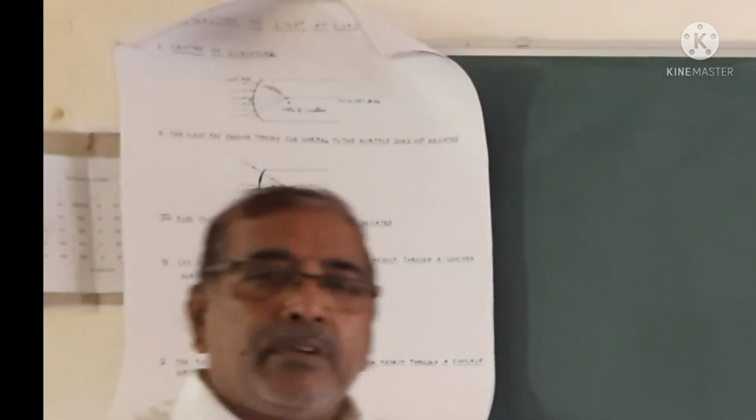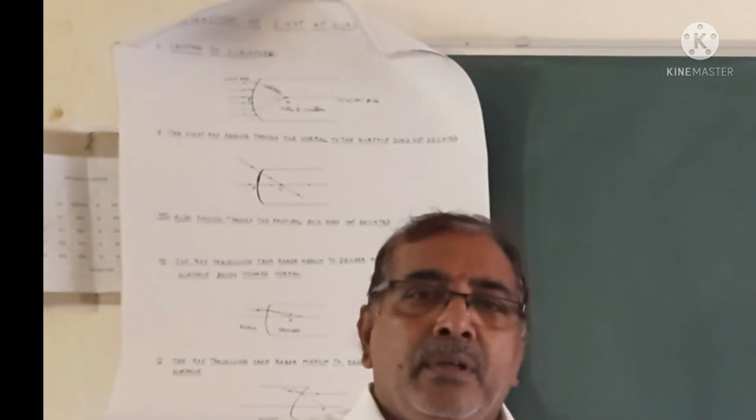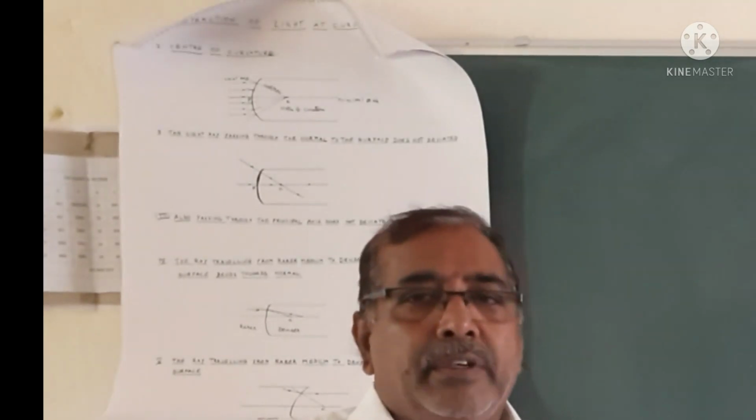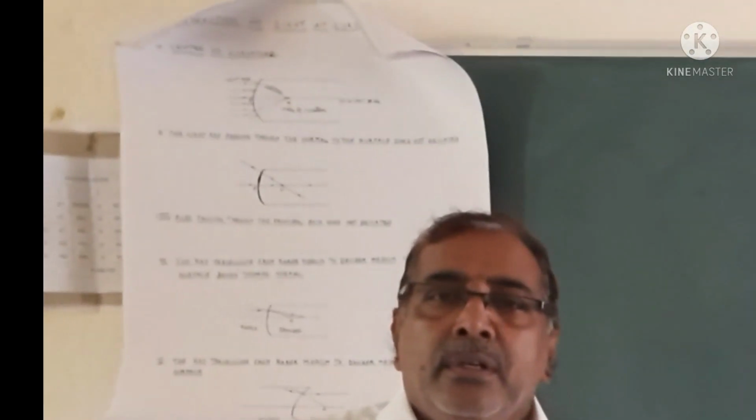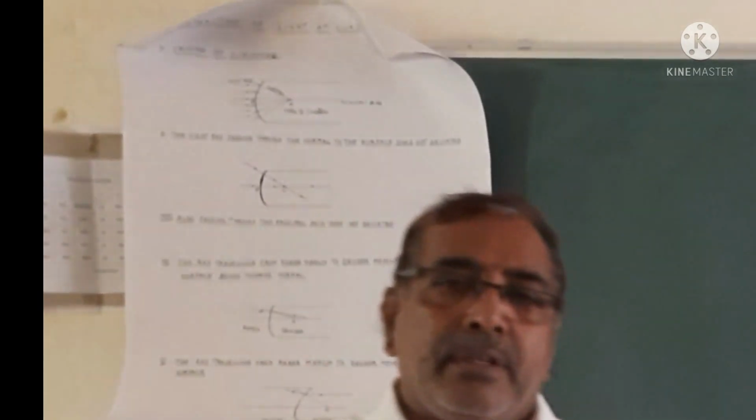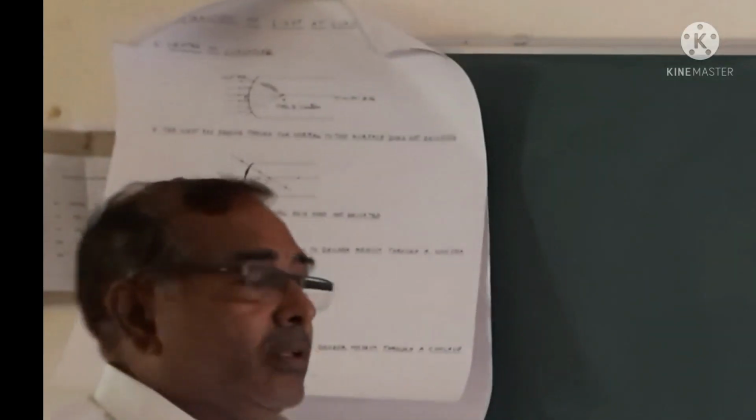All curved surfaces have a center of curvature. Curved surfaces are part and parcel of a sphere. It is a part of a sphere. The center of the sphere will be the center of curvature of a curved surface. Please see that.